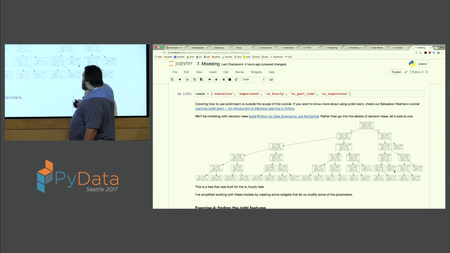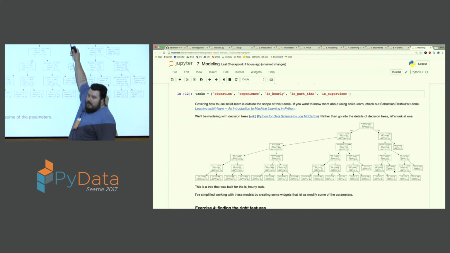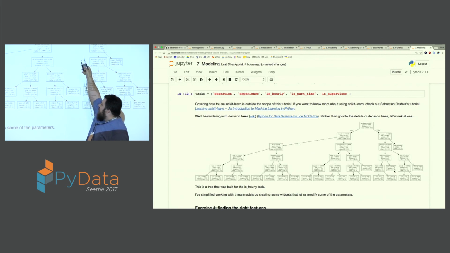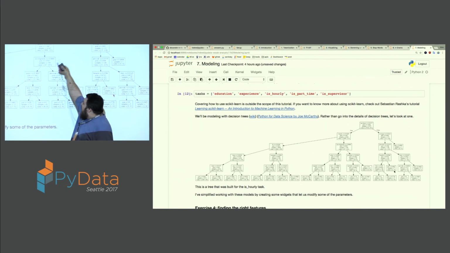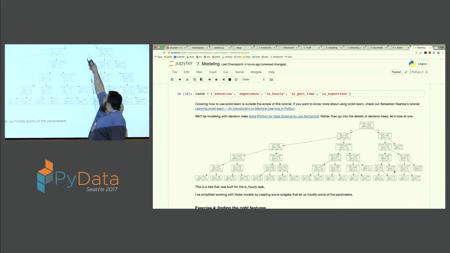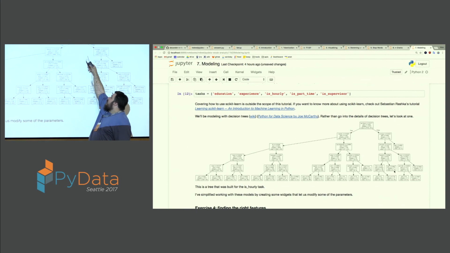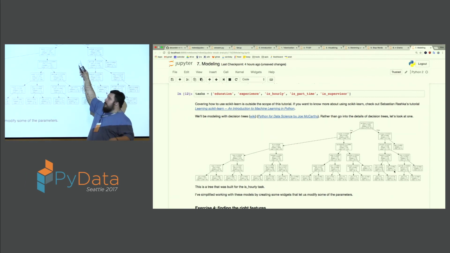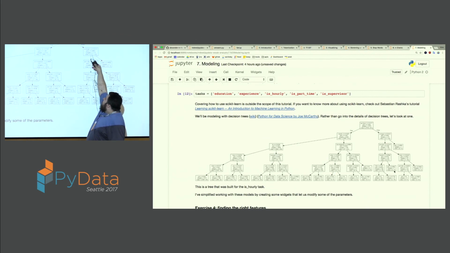I apologize, the font's probably too small to read. The top one is per hour. If per hour has a lower TF-IDF, it's going to go left. But if it goes right, we go from 3,900 non-hourly jobs versus 451 hourly, to 15 non-hourly and 118 hourly.